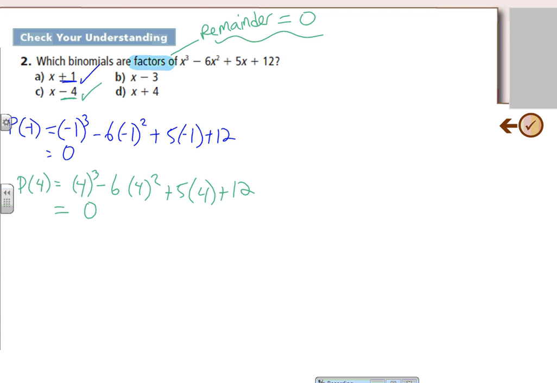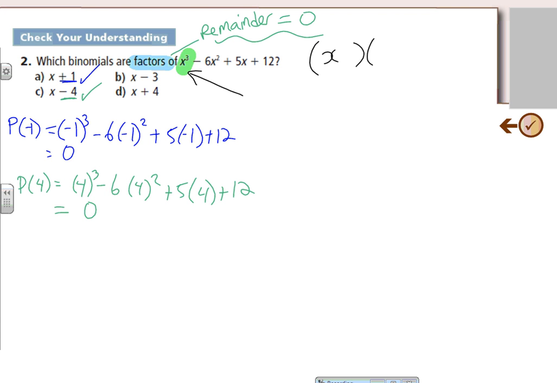Let's try out that third one. And just as an aside, how many factors should there be or could there be of this original? Really good question. If it's x cubed, that probably means that we had x plus or minus something.